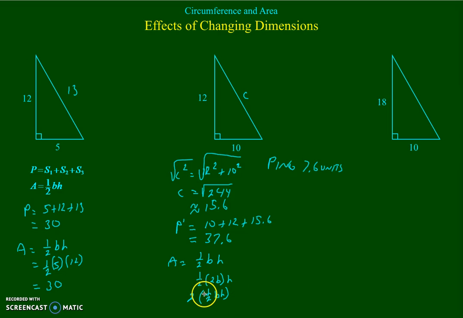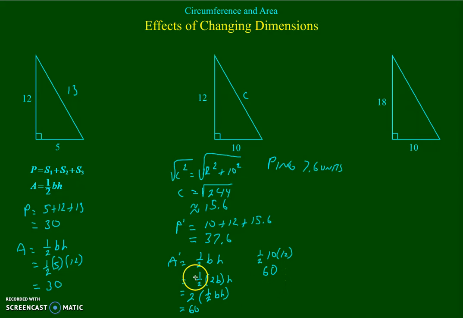So what should be the outcome is our new area should be twice the original area, because we multiplied the original base, the 5, by 2 to get that base. So our real answer should be 60. Let's see if that's the case. We have 1/2 times 10 times 12, which is 5 times 12, which is in fact 60.